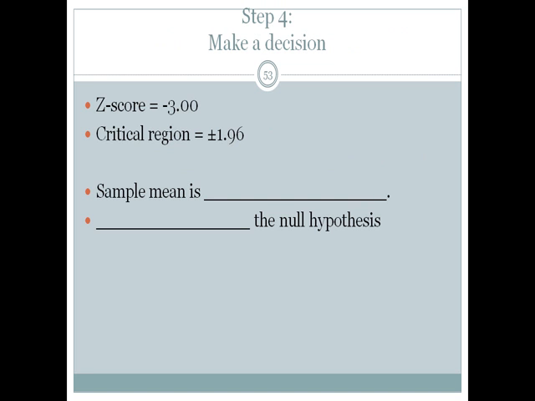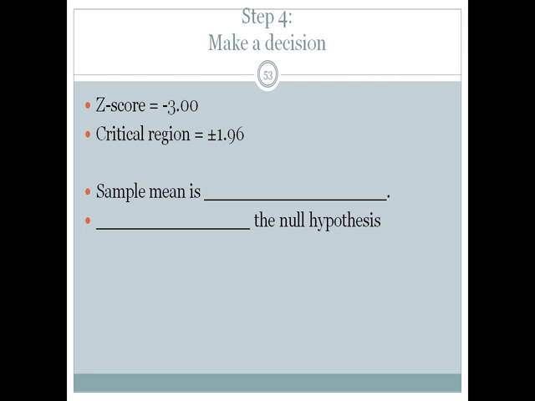Well, we can compare and see that a z-score of -3 is way lower than the cutoff point of -1.96. So our sample mean is in the critical region. This means that we would reject the null hypothesis, or our null hypothesis is very unlikely.